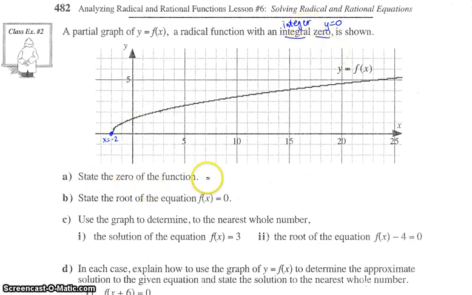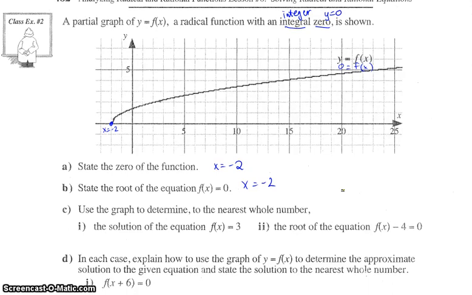Then they say state the 0 of the function, and that would be x equals negative 2. State the root of the equation where f of x is equal to 0. So this function set to 0, in other words where y is 0, again is x equals negative 2. They're trying to make a point that those are the same. Use the graph to determine to the nearest whole number the solution to the equation f of x equals 3.